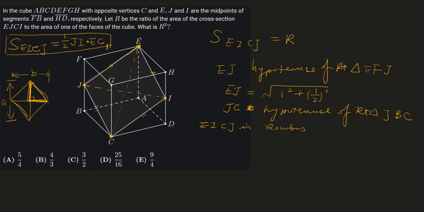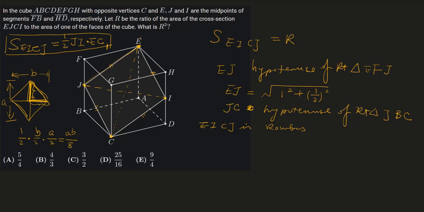So this quarter rhombus or right triangle has an area of a half times the base, which is a half of B, times the height, which is a half of A. Therefore, this equals AB over 8.